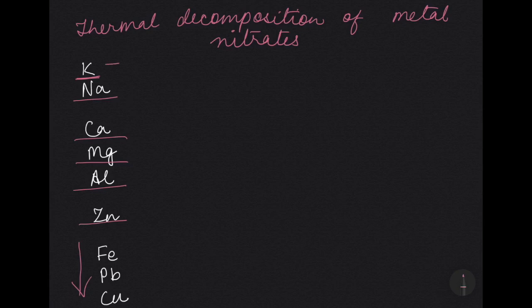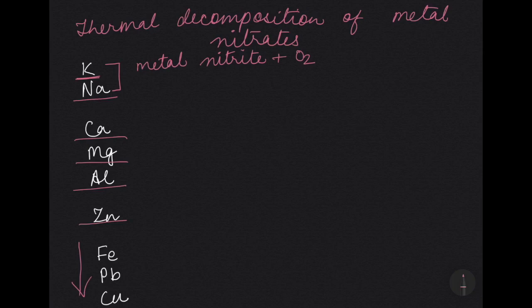So first we have potassium and sodium. Previously you saw till carbonates how they were stable to heat. Now they are not stable. When they are heated, they melt and they decompose to give metal nitrite and oxygen.